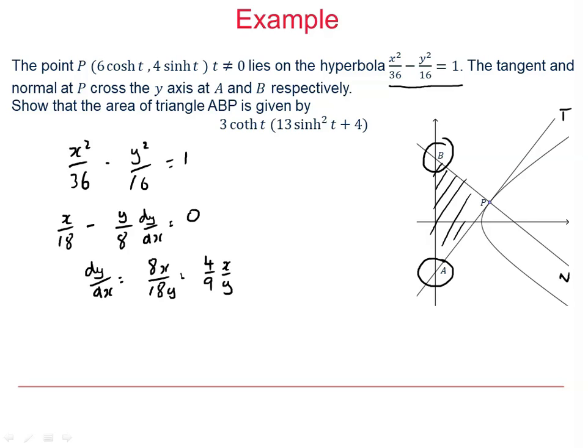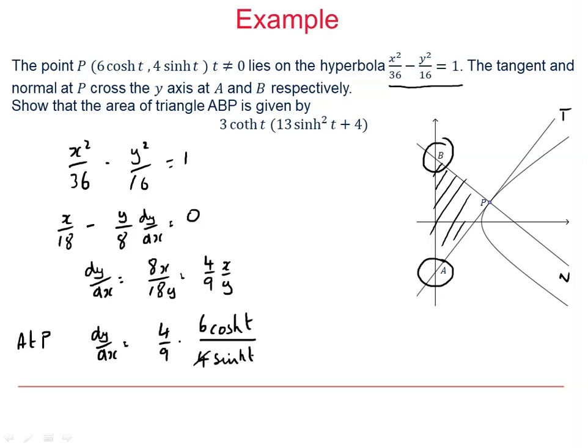Now at P, then the gradient of the tangent, dy by dx, is equal to 4 over 9 multiplied by x, which we know is 6 cos t, divided by y, which is 4 sin t.